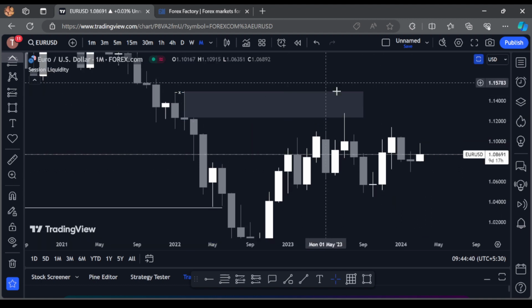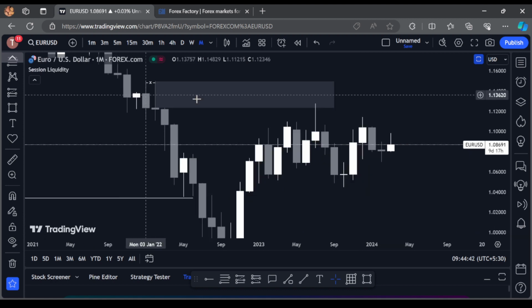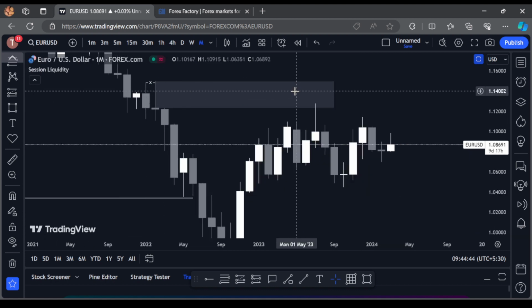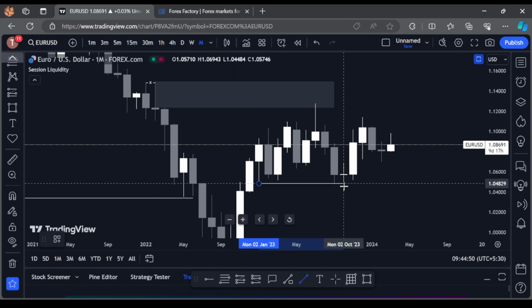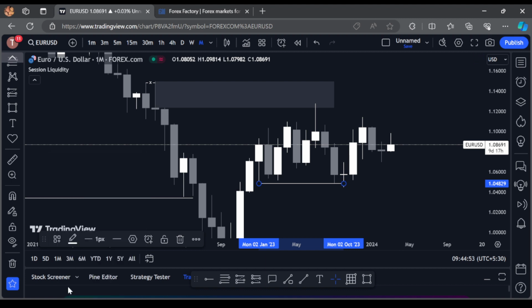Then the price moved downward from this order block, the strong zone right here, but couldn't break below all these equal lows. Rather, we swept them. This sweeping of the equal lows gave the market a bullish push, and currently there is nothing clear since we are in the zone of the monthly levels.